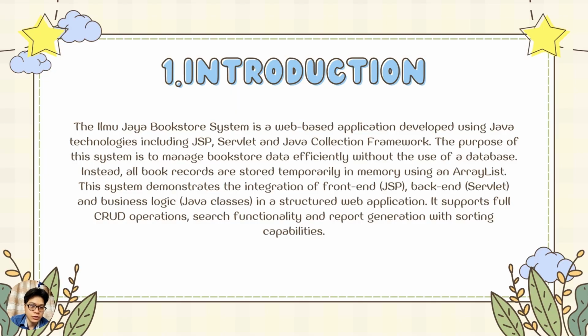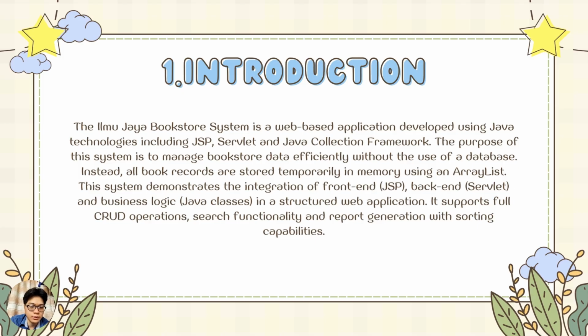So first, introduction. The Ilmu Jaya bookstore system is a web-based application developed using Java technology, including JSP, Servlet, and the Java Collection Framework. The purpose of this system is to manage bookstore data efficiently without the use of a database. Instead, all book records are stored temporarily in memory using an ArrayList.